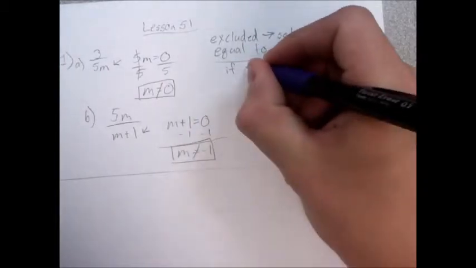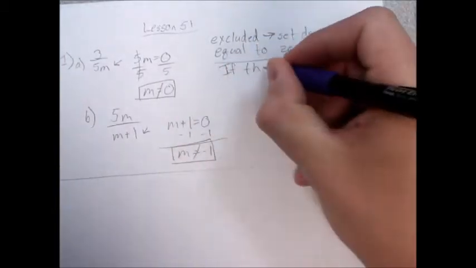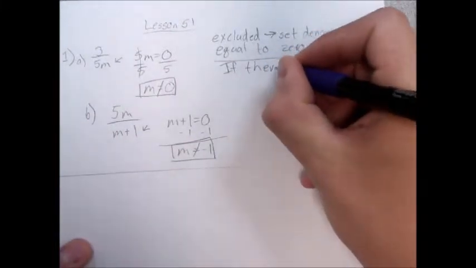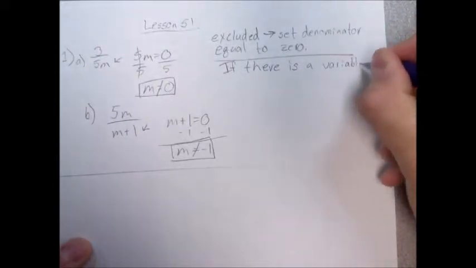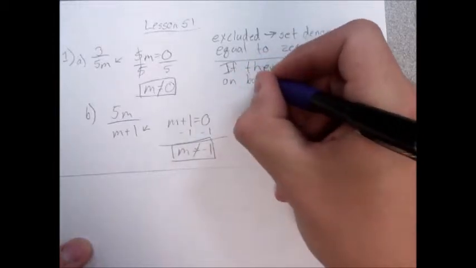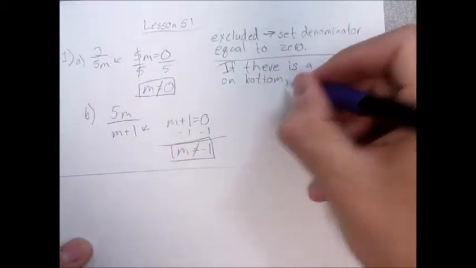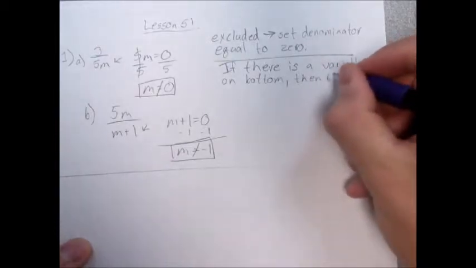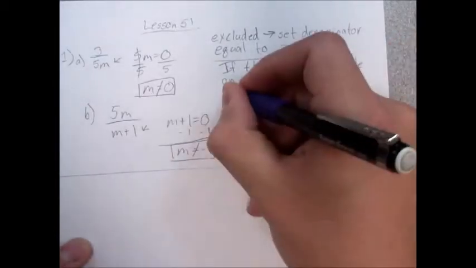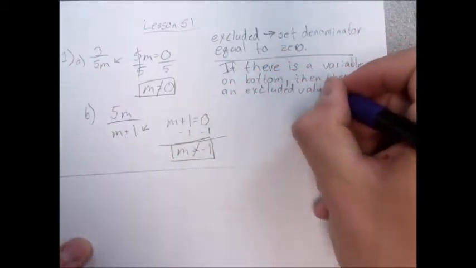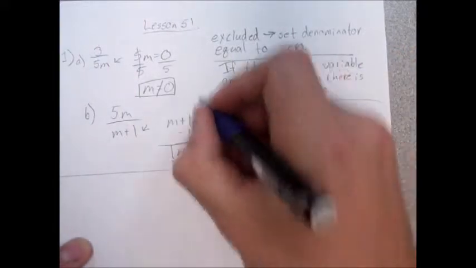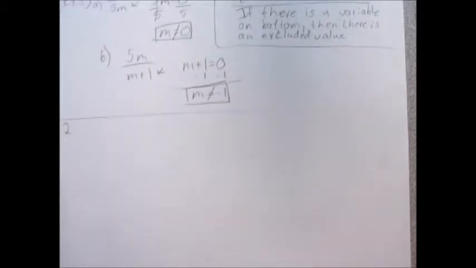If there is a variable in the denominator or on bottom, then there is an excluded value.